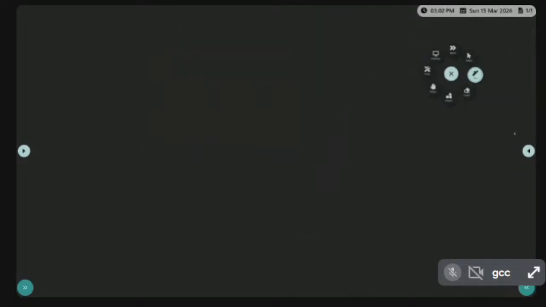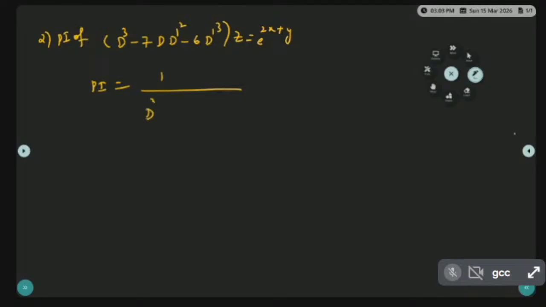Find the particular integral of, boys, yourself, try to follow: d cube minus 7 d d dash square. What is the PI? 1 by d cube.